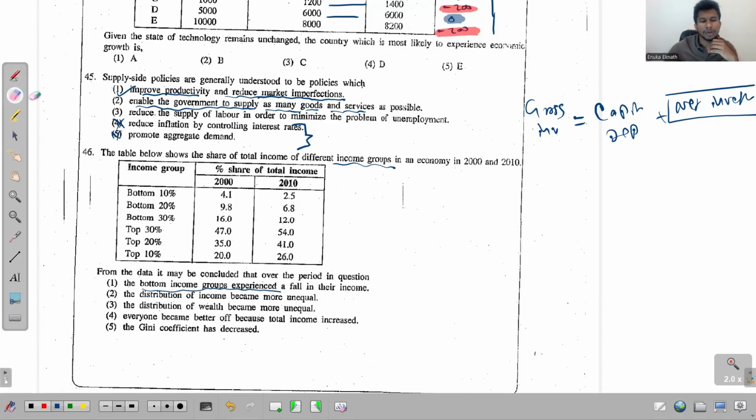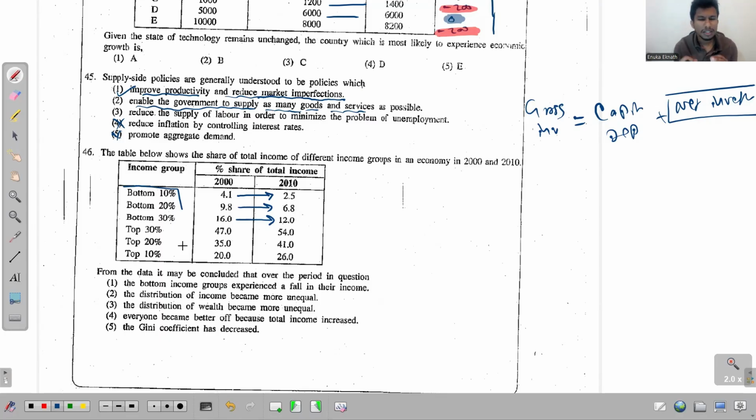We can recognize the correct answer simply by observing the values in this table. So for the bottom 10%, 20%, 30%, what has happened to their percentage share of the total income? That has decreased.